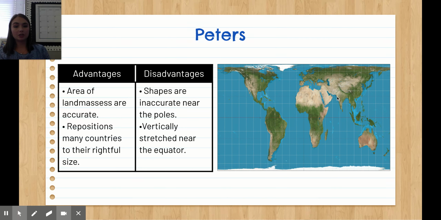And especially towards the middle. You can see the middle looks super stretched out and the poles look scrunched up. So this one is not good for navigation at all. But it does reposition the countries to their rightful size, but the shape is way off.